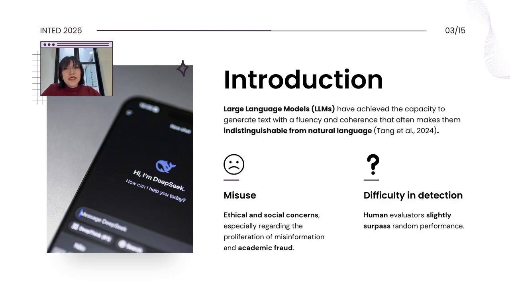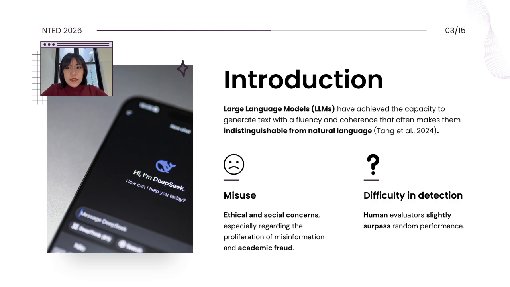For example, since they can provide quick answers, they risk undermining critical thinking. There is also the issue of academic fraud, as students might be tempted to use these tools inappropriately. This creates an urgent need for robust detection methods.